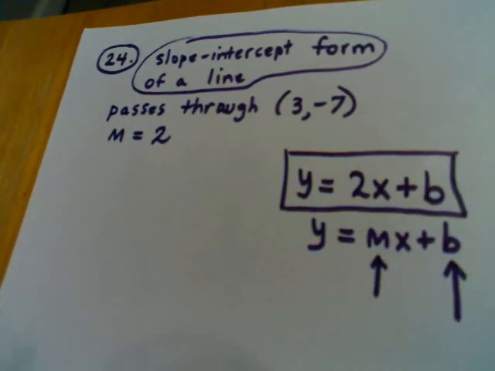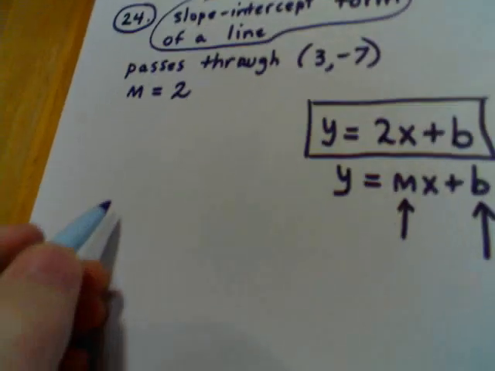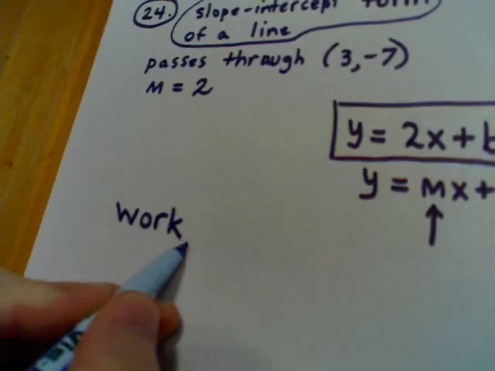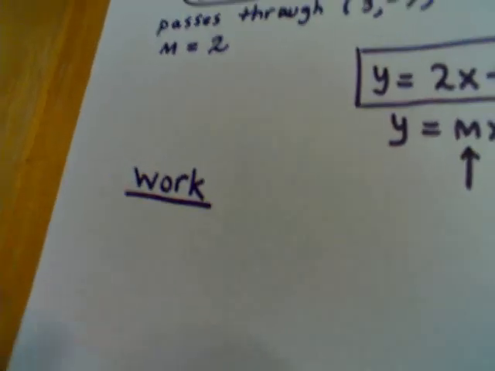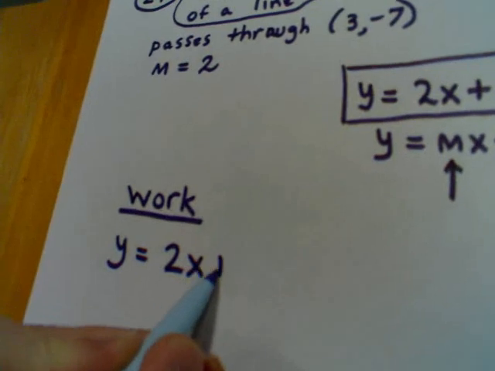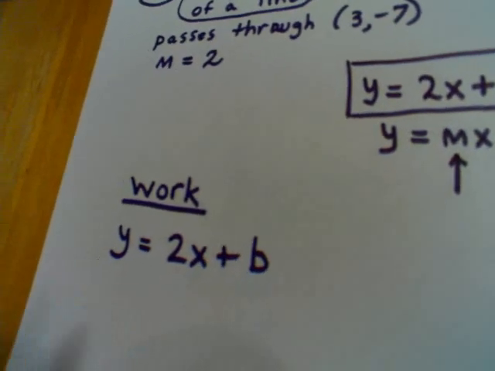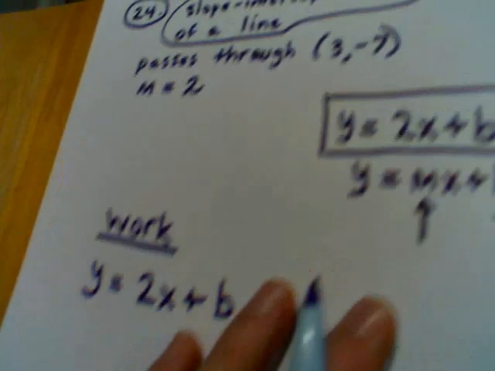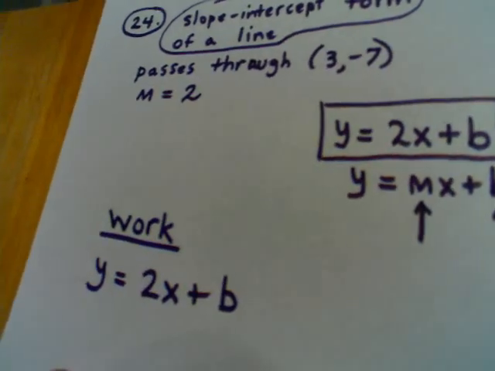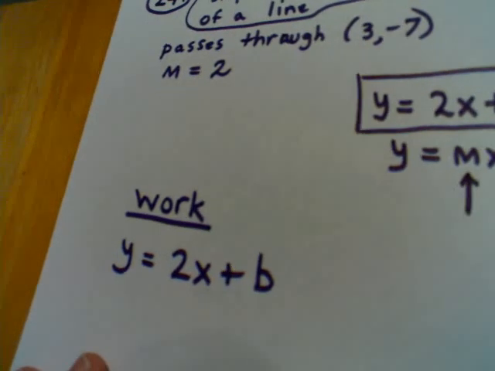Well, watch this. Let's come down here and do some work. So far, we're this far in the problem: y is equal to 2x plus b. But I need to know what b is, because I need to put it back in here to get my final answer to the equation of a line in slope-intercept form.